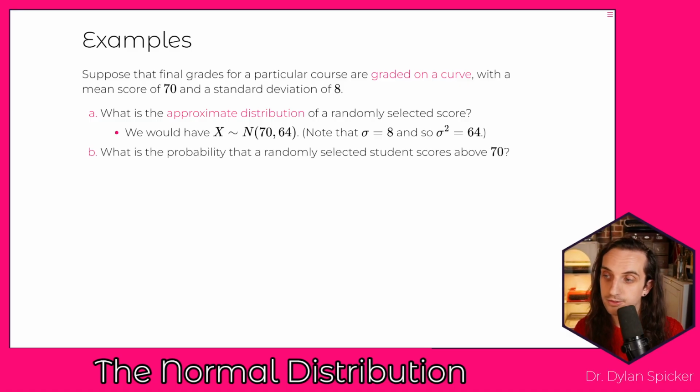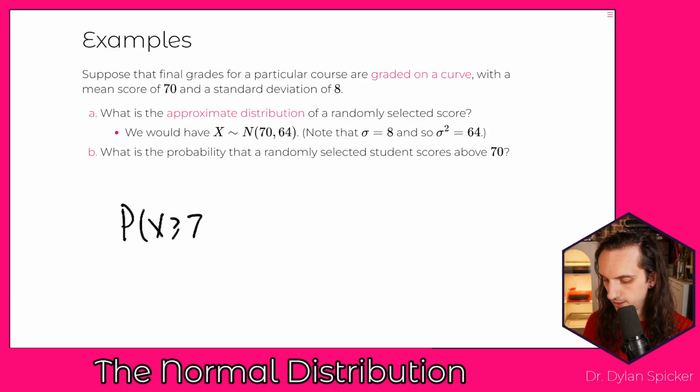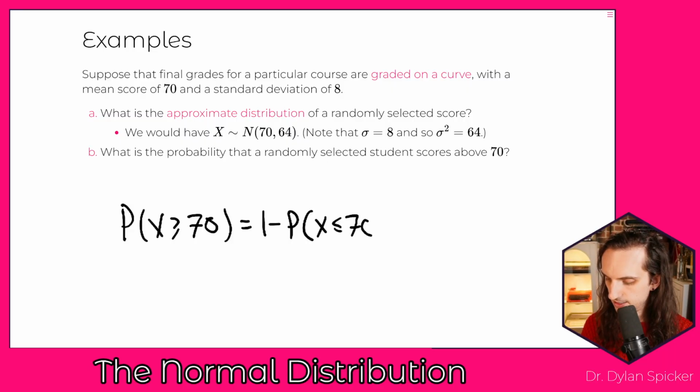So what is the probability that a randomly selected student scores above 70? What we want is the probability that x is greater than or equal to 70. This is going to be the same as 1 minus the probability that x is less than or equal to 70. And if we think about our normal distribution, that's 1 minus the probability that x is less than or equal to the mean.